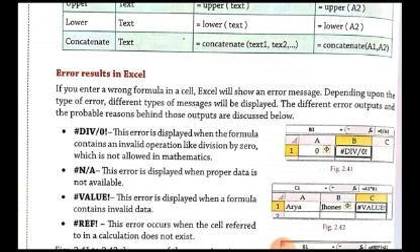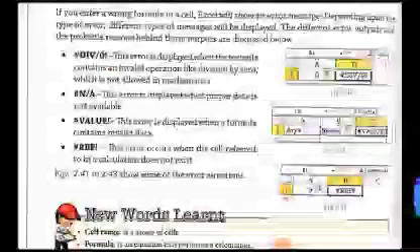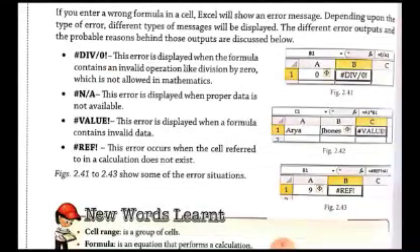Okay. Now the ref error. This error occurs when the cell referred to in a calculation does not exist. For example, a cell has not been defined or created in the Excel sheet, but we are referring to that cell in the formula.